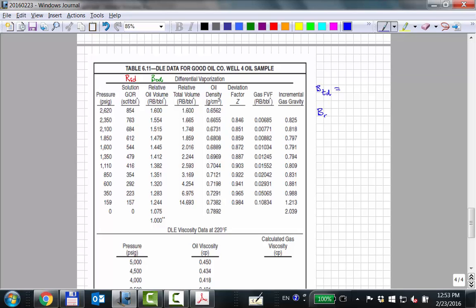That's the BOD plus the BGD, or the BG, times RSD at the bubble point minus RSD.